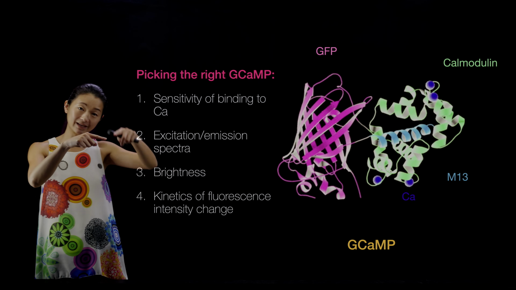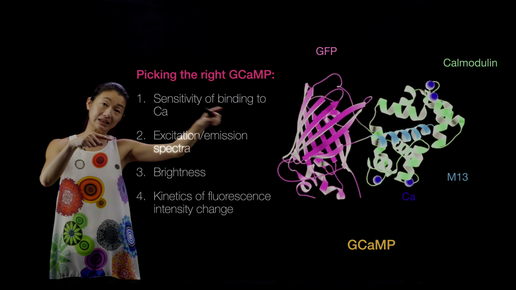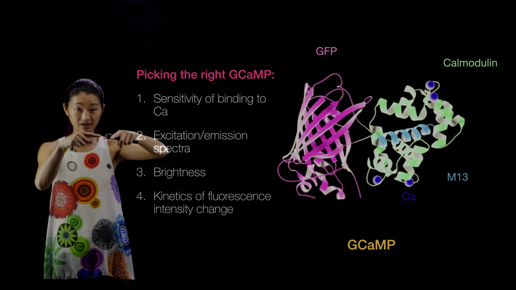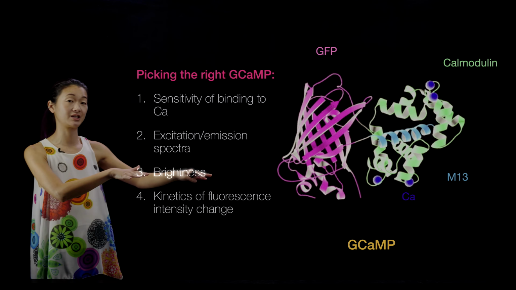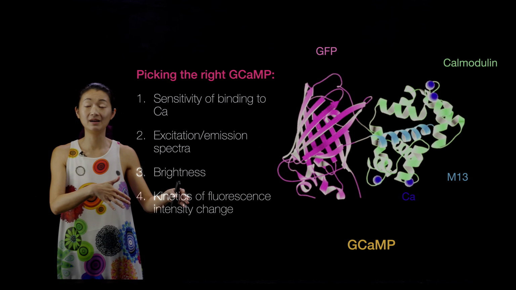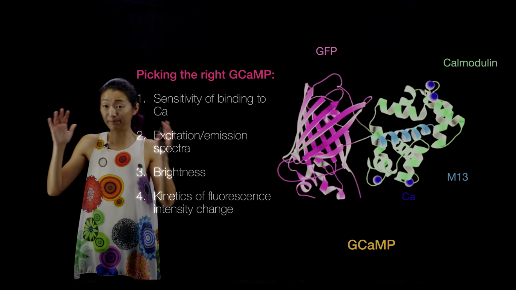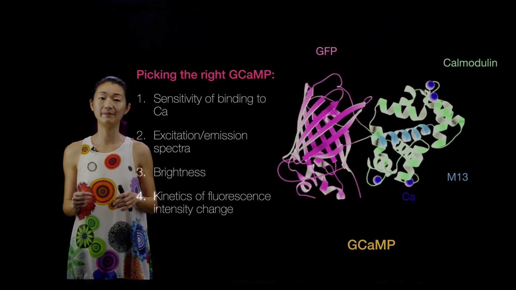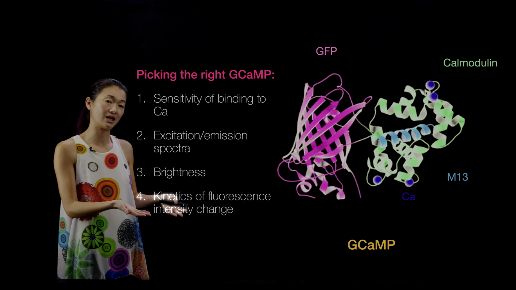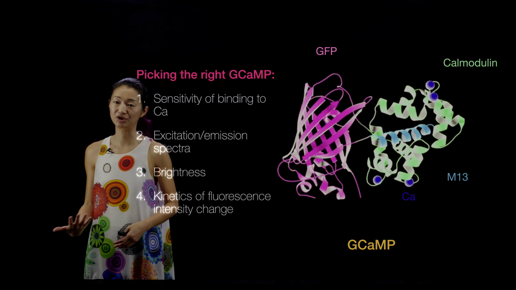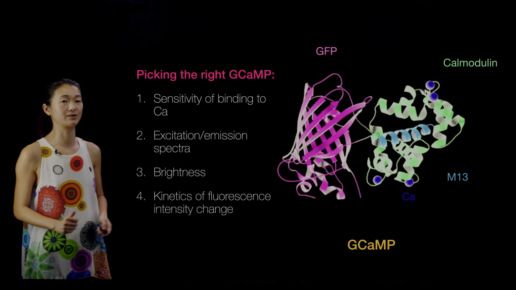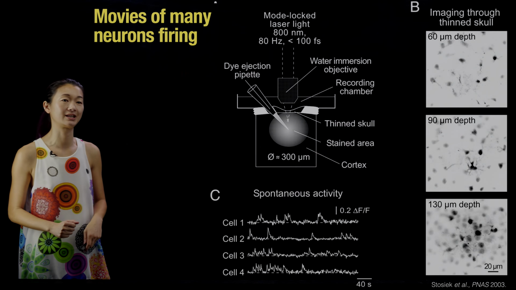Exactly how quickly it comes back down, does it come down really slowly, or pretty quickly? Those are engineered properties of different versions of GCaMP. And so depending on how quickly you want to be seeing changes in the particular neuron population you're imaging from, you might want to pick a different GCaMP that matches the time scale of whatever you're hoping to measure out of your neuron. So those are all different things that we can do in terms of picking the right GCaMP.